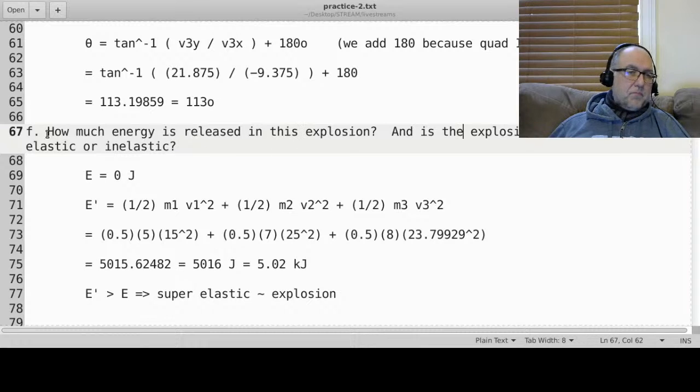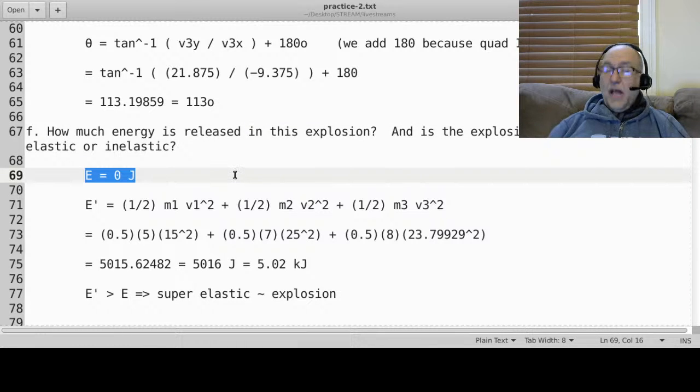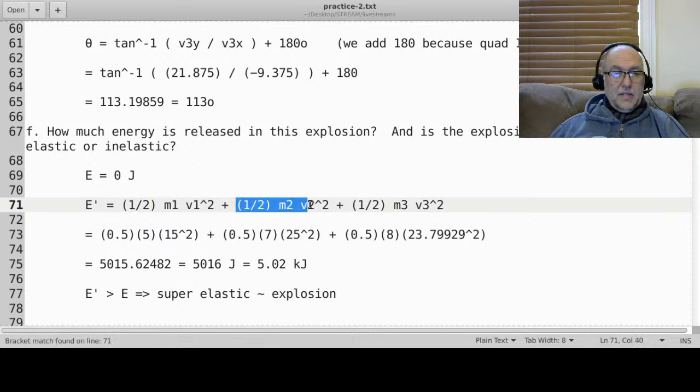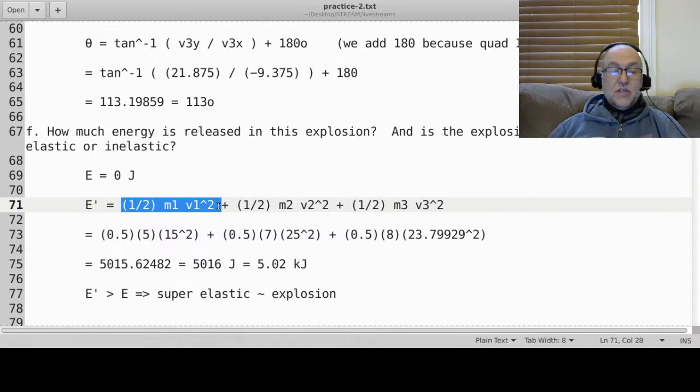Okay, so in this case, because the bomb isn't moving beforehand, it looks like there's no energy there. It's just this lump sitting there at the origin with no energy. And then once it blows apart into pieces, there's the first piece, the second piece, and the third piece, and each piece just has a kinetic energy associated with it, 1/2 mv squared.